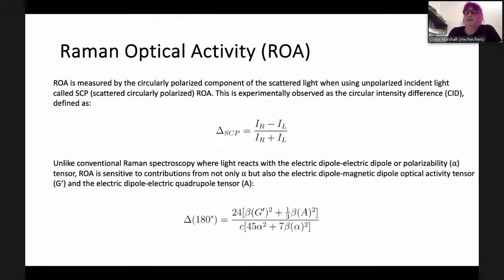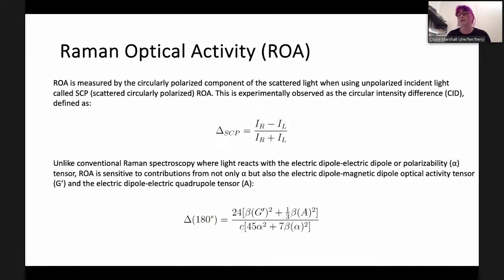However, ROA is a little bit more painful in terms of instrument development, because ROA, in addition to the polarizability tensor, is also sensitive to contributions from the electric dipole, magnetic dipole, optical activity tensor, G prime here, and the electric dipole, electric quadrupole tensor, A. I'm not going to go through this equation, but needless to say, having these other tensors really weakens the Raman effect.